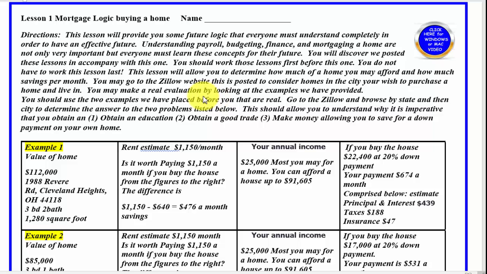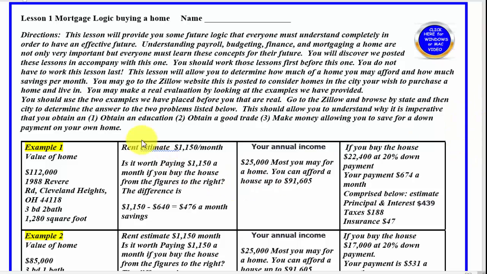The other ones are going to determine for you, A, what education you should receive, B, how much money you can earn by getting a higher education or a better job, and obviously C, whether or not you can purchase one of these homes or a better one. Now, what we're going to do here is provide for you a couple of examples.